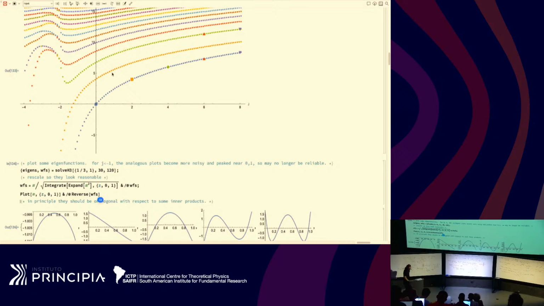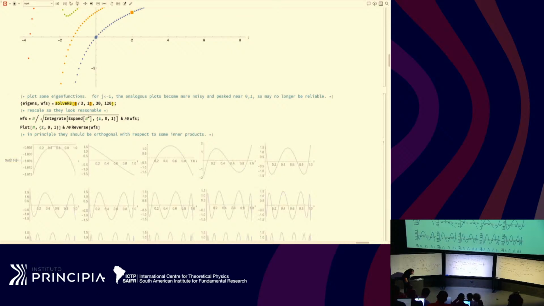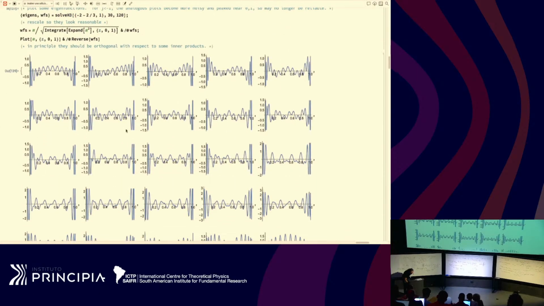Maybe something else I can say. If you put the spin here to be not integer, but very negative, -2, -2/3, something like this, then when you stare at the eigenfunctions which come out, you see really that I don't trust any of these wave functions. The spectrum kind of looks reasonable, but the wave functions are clearly telling you that I'm not in the correct basis of functions.